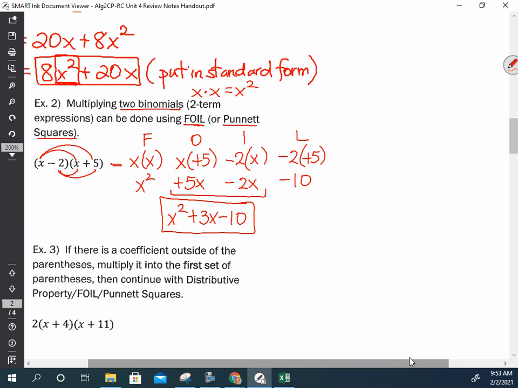All right, so for those of you who are more familiar with the Punnett square method, we have x minus 2, x plus 5.